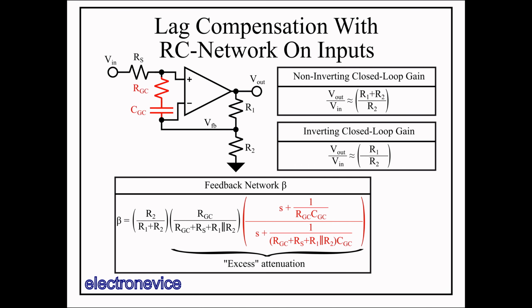Similar to gain compensation, the point of this kind of compensation is to decrease the loop gain at gain crossover to push the gain crossover to a lower frequency and thus increase phase margin at the expense of bandwidth. The difference is that it doesn't decrease the gain at DC and low or mid frequency, permitting higher precision in that frequency regime due to higher loop gain.